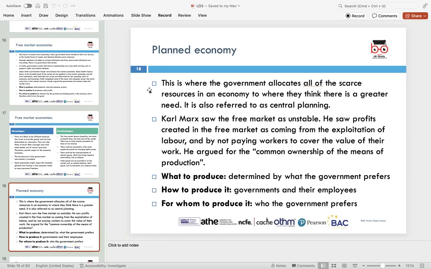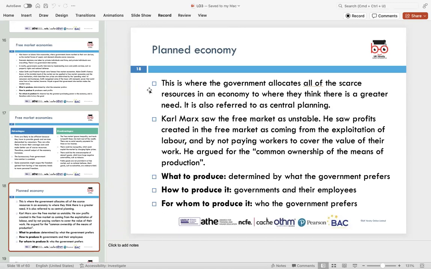Next is planned economy, the process by which the government distributes all of the limited resources in an economy to areas where it believes there is a larger demand, which is known as allocation. Additionally, it is also referred to as centrally planned, according to Karl Marx.